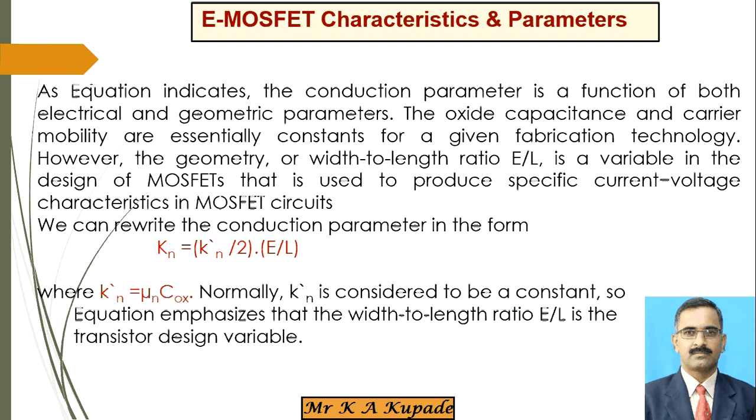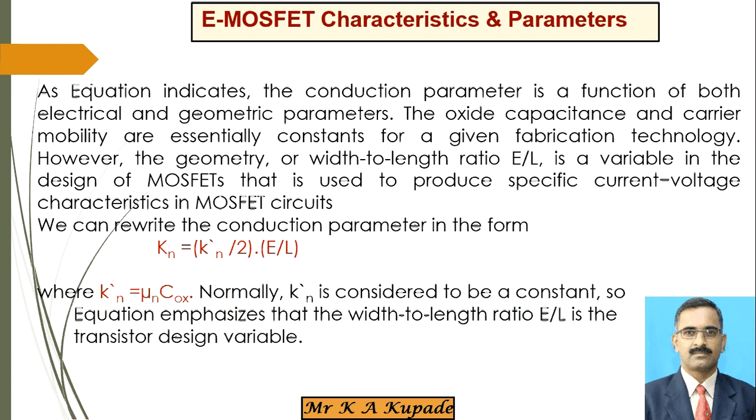So that ratio is an important one, and for that reason we can rewrite the conduction parameter in the form Kn equals K dash n divided by 2 times W divided by L. That ratio is the variable for designing the geometry, the width to length ratio.